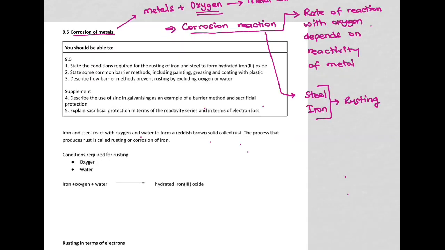For rusting to take place, iron, which is also found in steel, is going to react with oxygen and water present in air to form a reddish-brown solid called rust. This reddish-brown solid is hydrated iron oxide.